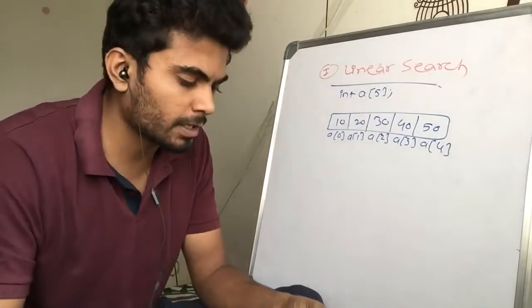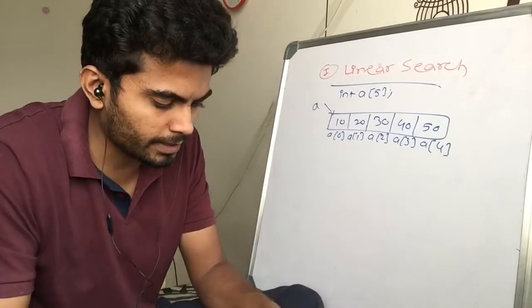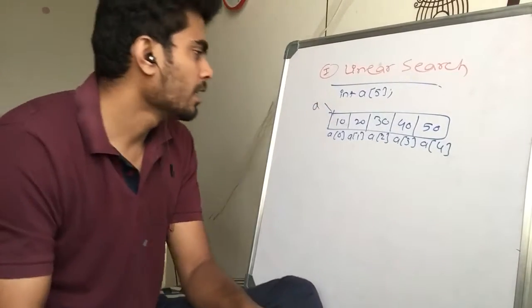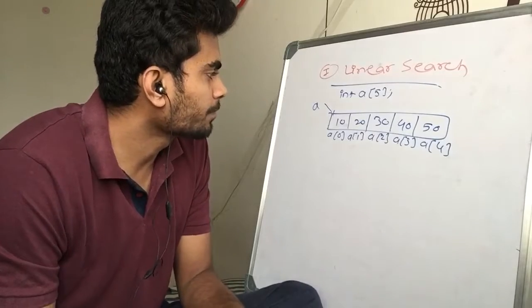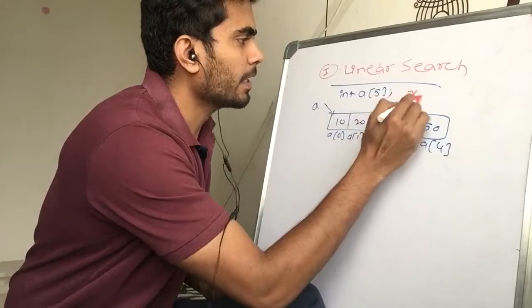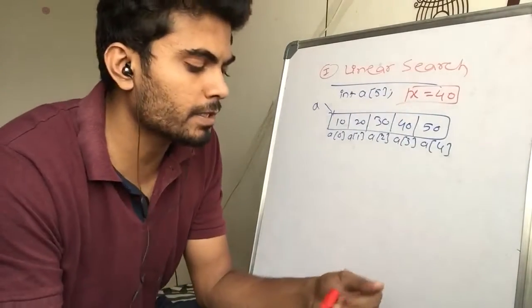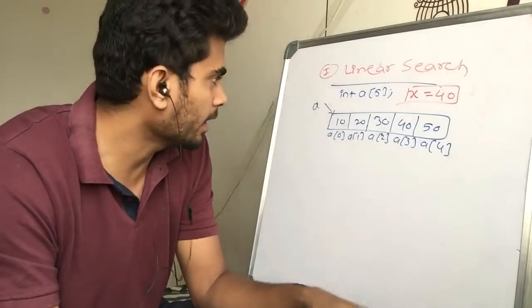So these 5 elements are there, and a is the name of the array which is containing these 5 elements. Now we are given another element, say x, which is equal to 40. Now the problem is to find this x in your array a.